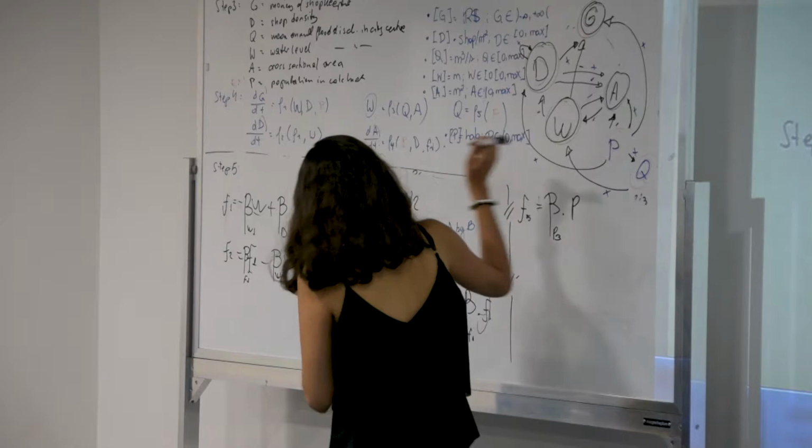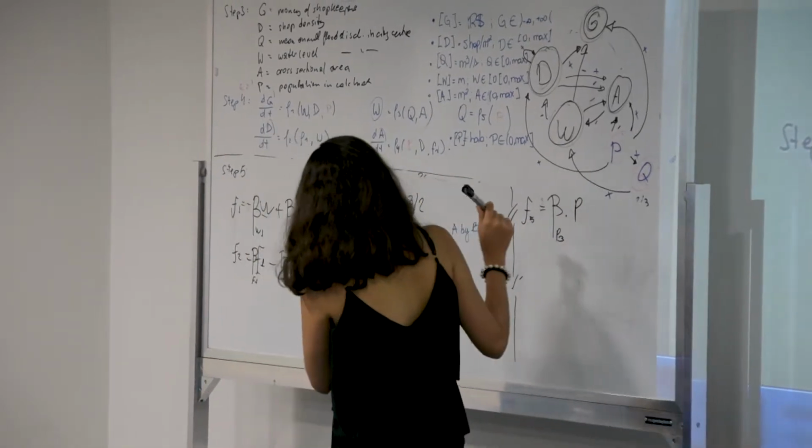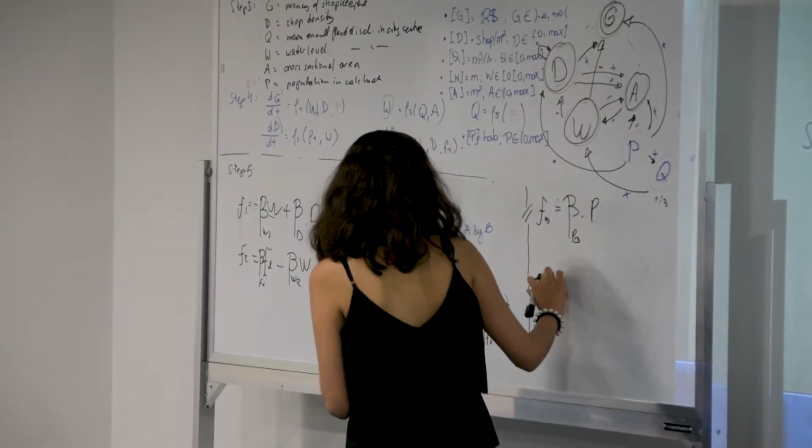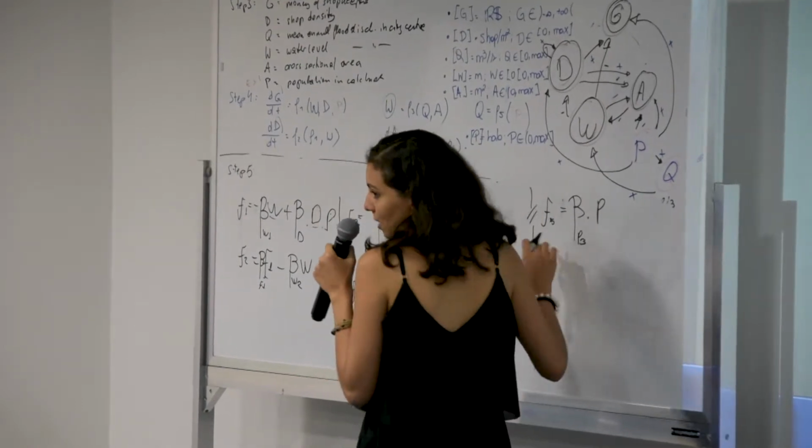So first you have W, and it's 0 to max. So how do I write here?